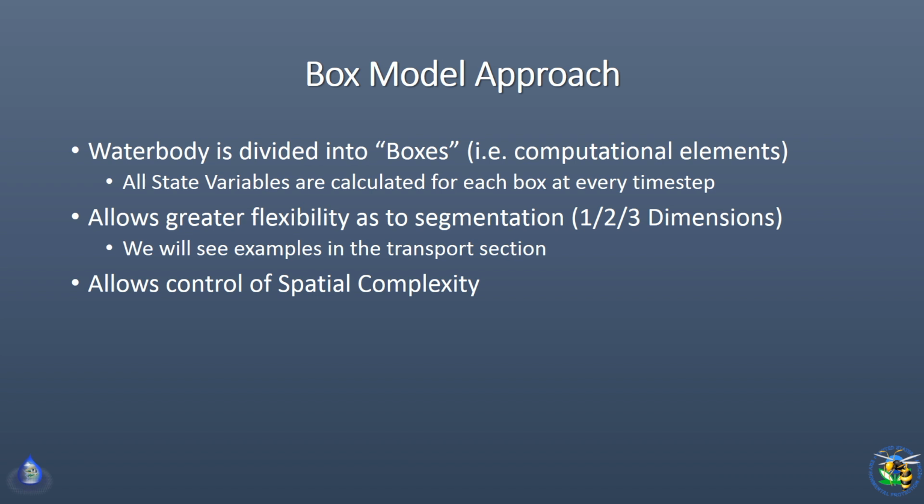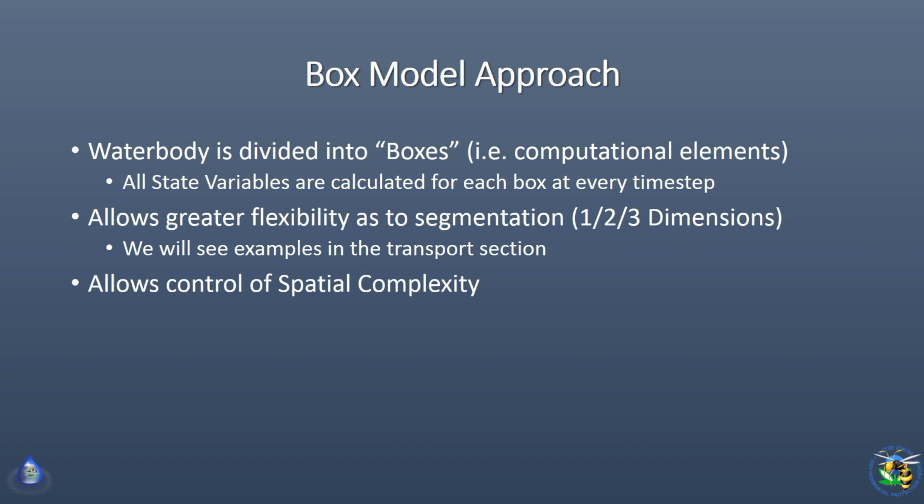So we break the water body into boxes. Boxes are kind of a way to show it, but just imagine it is blobs of water that interact with one another. And each one of these boxes actually makes up a computational element where all the state variables are recalculated for each box at every time step.